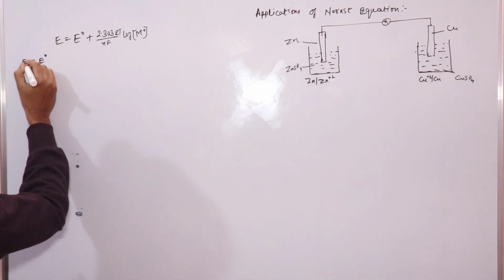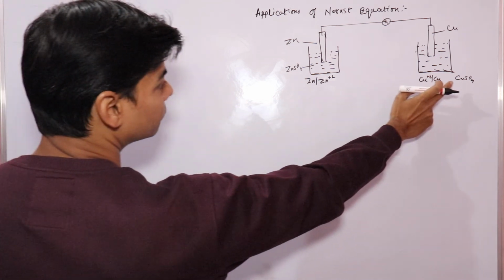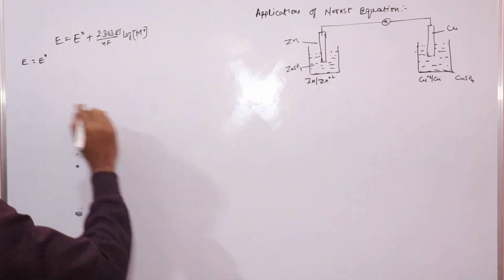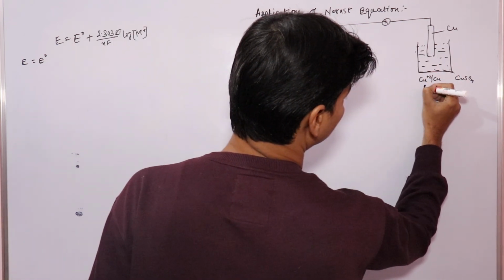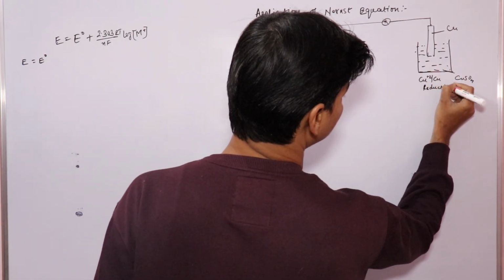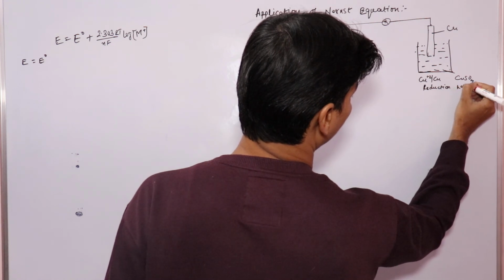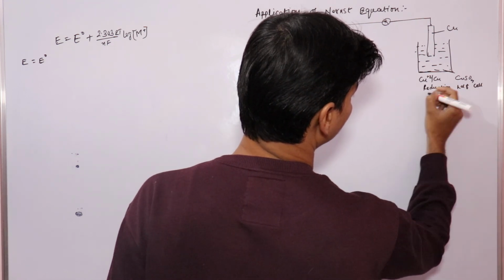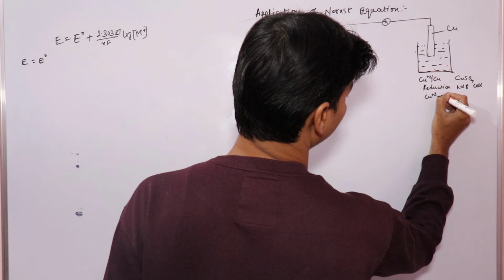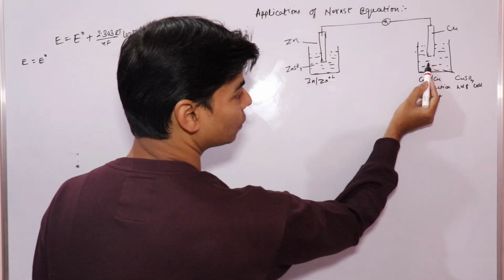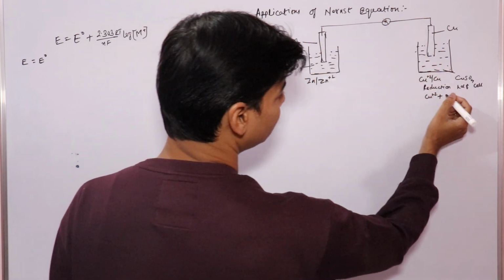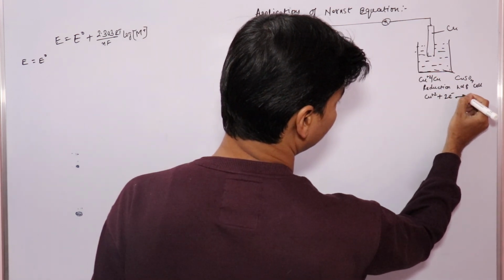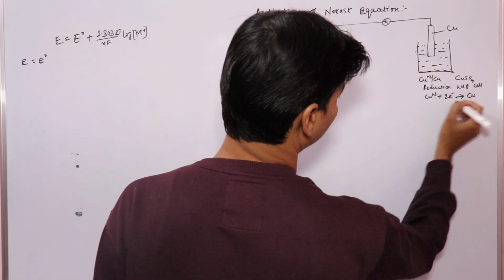I'll write it for the right electrode, which is the reduction half cell, where a reduction reaction takes place when copper ions in the electrolyte gain electrons coming from zinc and get reduced to copper metal.